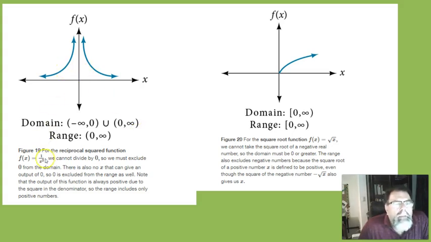Okay, so our next one is the reciprocal square function, 1 over x squared. So again, just like the reciprocal one, the bottom can't be 0. So the domain is negative infinity to 0, and then 0 to infinity. Again, for the domain, you're looking at the x-axis, right? It can't be equal to 0. Now the range: the way that I think of this is like a trash compactor, and I smoosh these points into the y-axis.